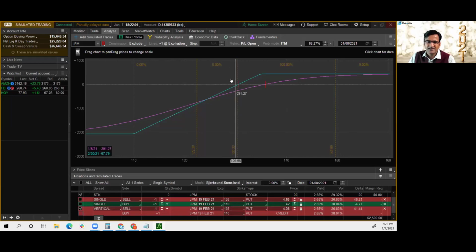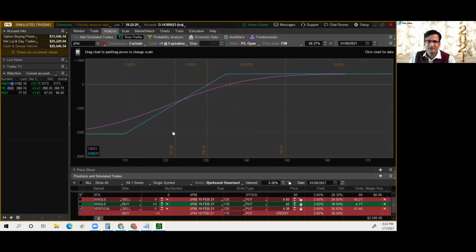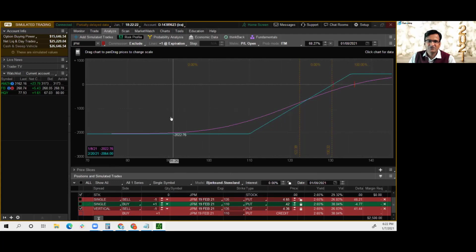That's how I limit my risk, because if the stock goes to 80, I will be assigned at 135, but then I bought a put at 110, meaning I can sell it to someone at 110. So I have no risk below 110. That is why, even if the stock goes to 80, my risk is limited to $2,064.